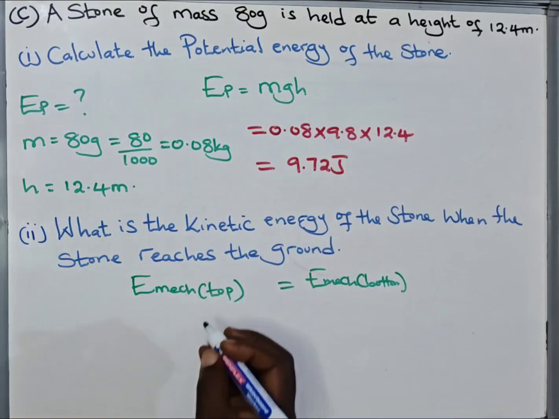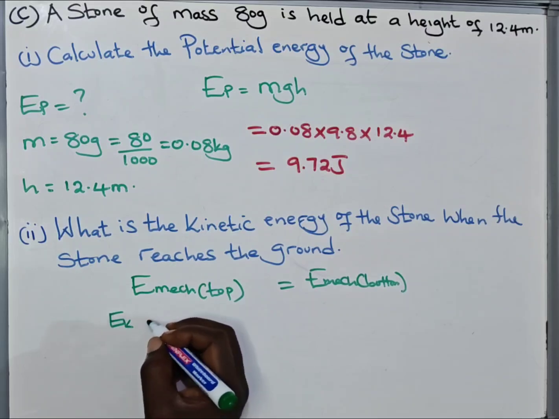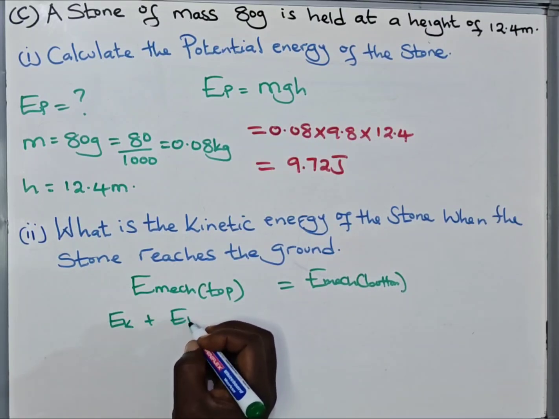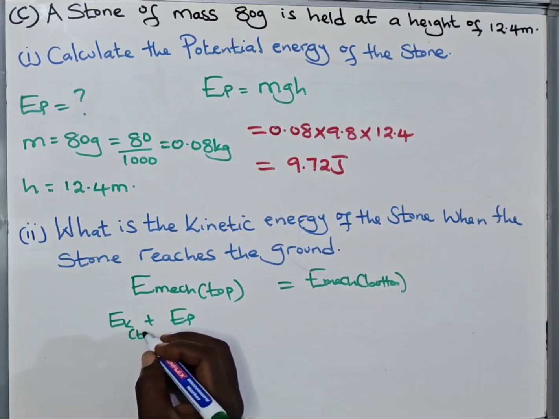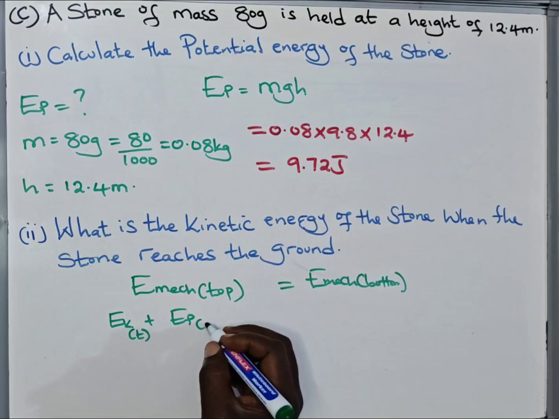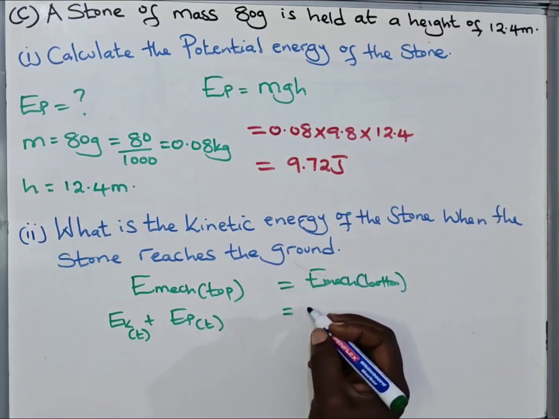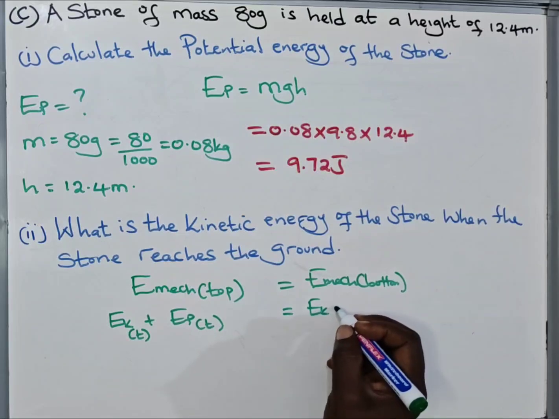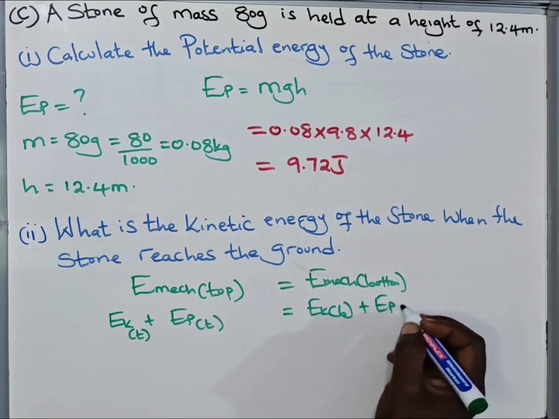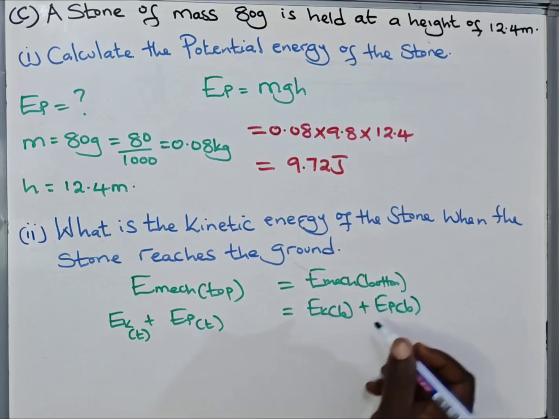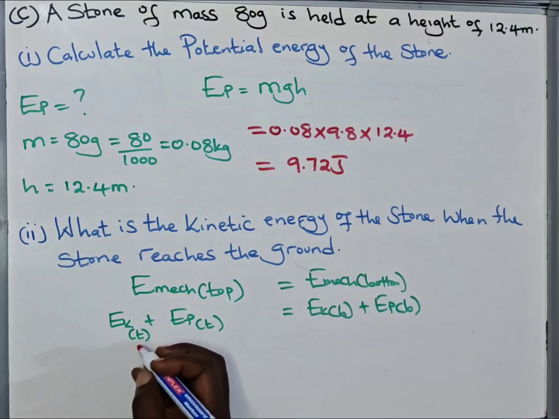But you have to remember that mechanical energy is equal to EK plus EP. So this is going to be EK top plus EP top, which is equal to kinetic energy at the bottom plus potential energy at the bottom. Next, we can open this up.